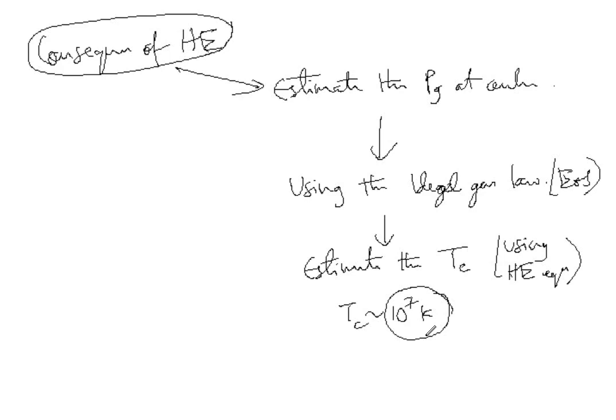So this means just from using this hydrostatic equilibrium equation and the ideal gas law, we are able to get an idea about the source of the energy generation in stars, which could be nuclear reaction.